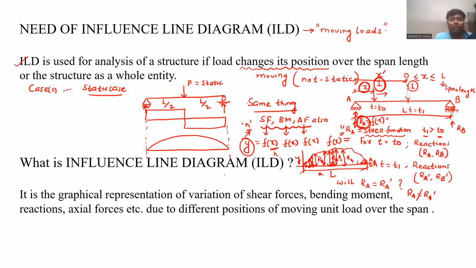Coming to what an influence line diagram is. I have already described what an influence line diagram is. Now let us read the statement, what they are saying. It is a graphical representation. As I have said, we can plot it, so we can graphically represent it. What does that graphical representation signify?